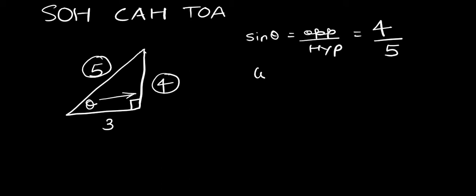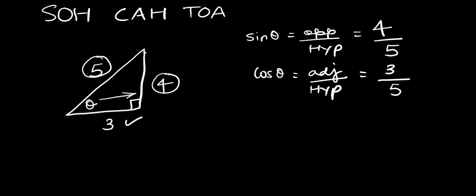Next is cos theta. Cos is adjacent over hypotenuse, and the adjacent side is 3 and hypotenuse is 5. Next is tan theta, that is opposite by adjacent side. Opposite is 4 and adjacent is 3.